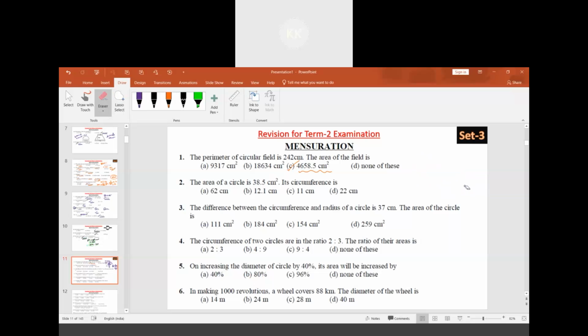Simple. Question 2. The area of a circle is given. We need to find the circumference. So area of a circle is pi r square. So 22 by 7 into r square is 38.5. R we need to find. R square will become 38.5 into 7 divided by 22.